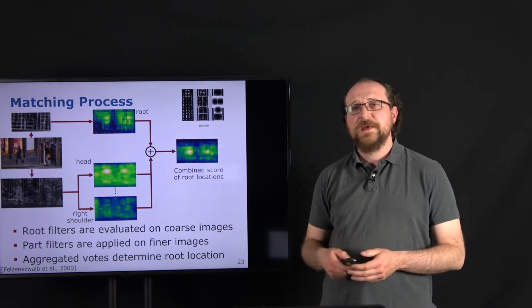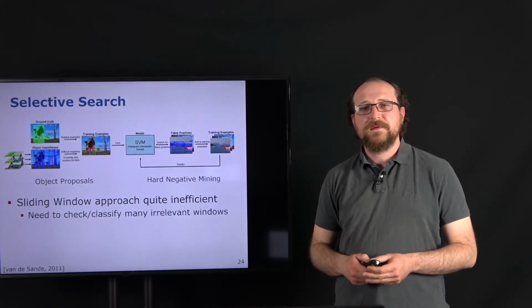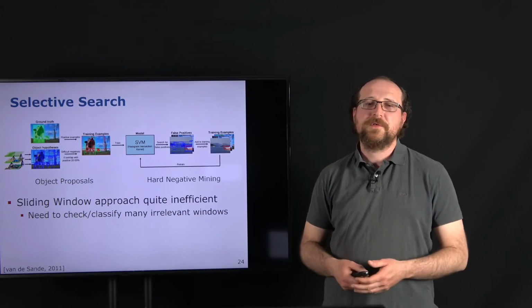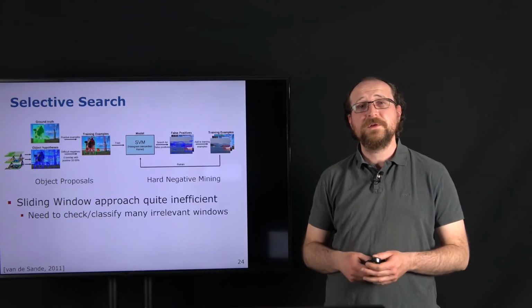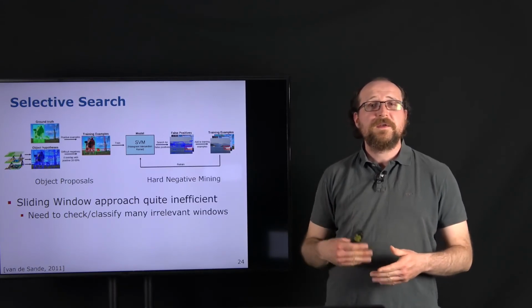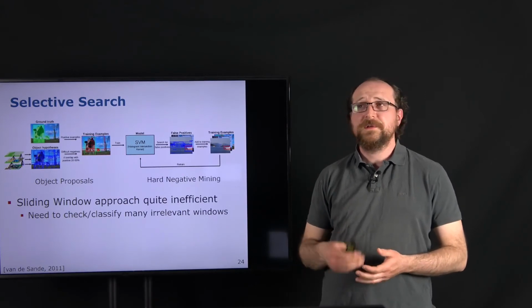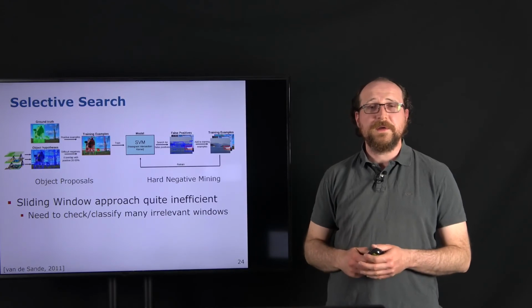For this, the so-called selective search was invented. As I said, the sliding window approach is quite inefficient because we need to check and classify many irrelevant windows, and this also restricts us in the kind of features that we can use to still have an approach that is manageable for the computing power.